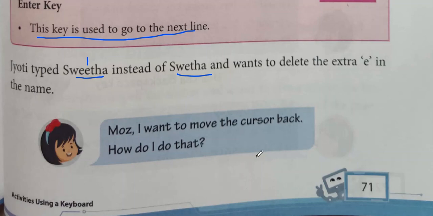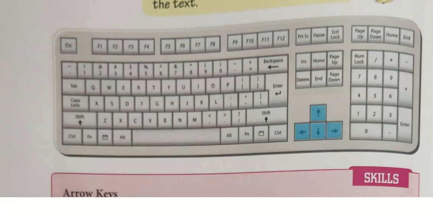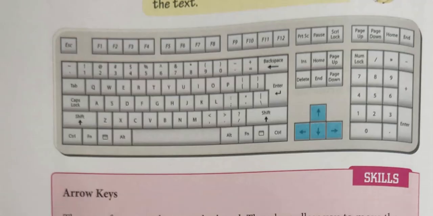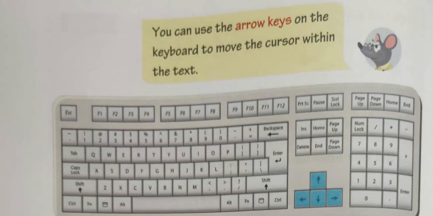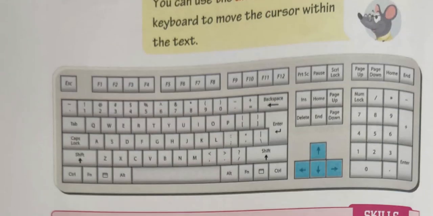Now Jyoti asks, I want to move the cursor back, how do I do that? Then Mose is replying, you can use the arrow keys on the keyboard to move the cursor within the text. If I want to move the cursor within the text, then how can I?